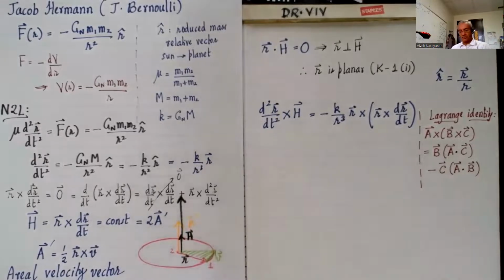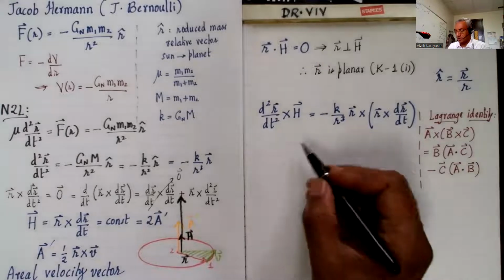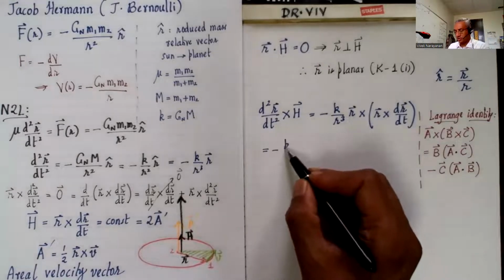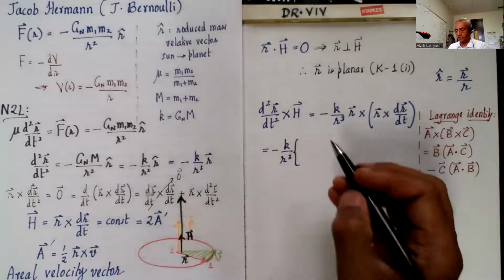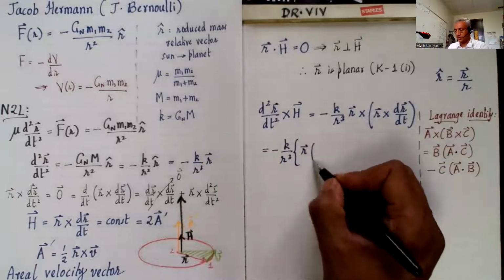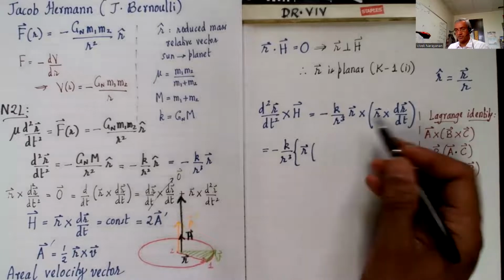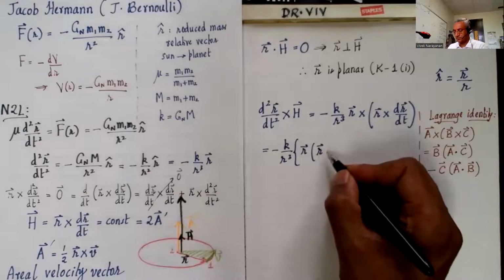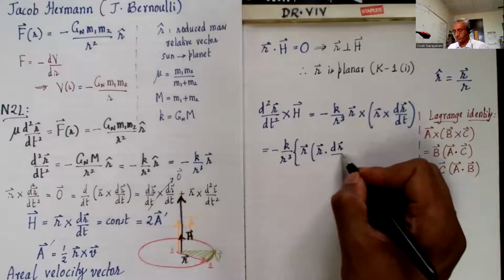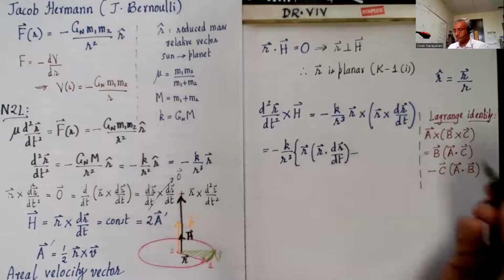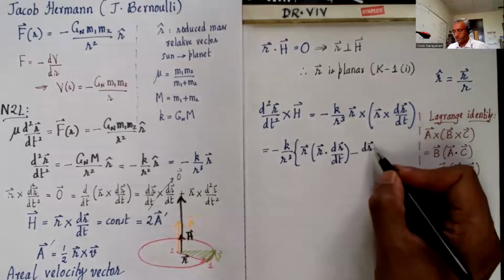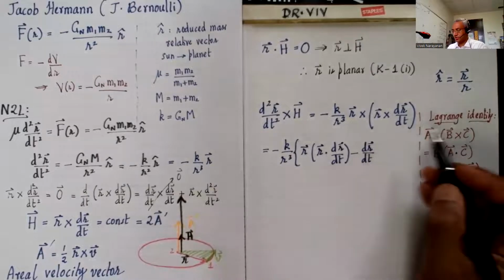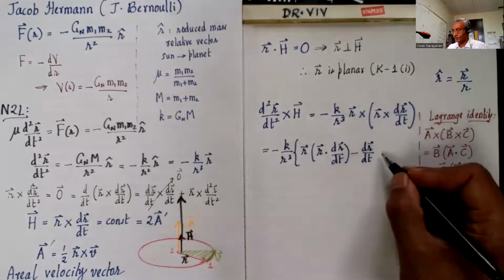So let's use that identity. I'm going to take negative k over r cubed outside. So the middle vector is r times the dot product of these two. Minus the vector c, which is dr by dt, times the dot product of r and r, which is just r squared.